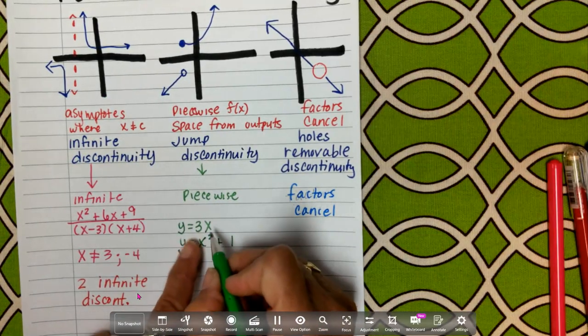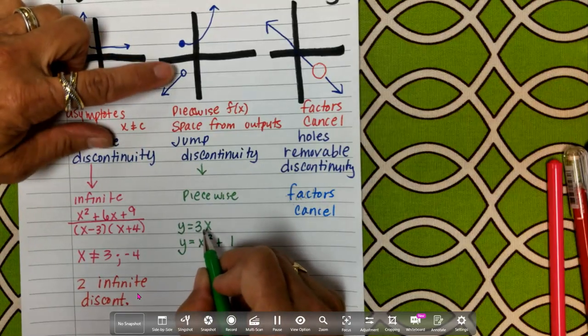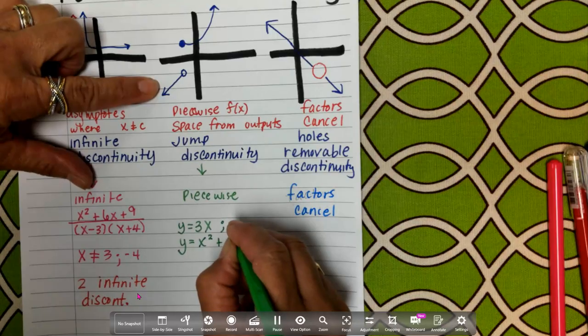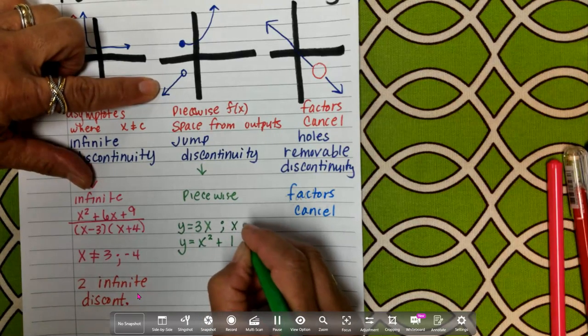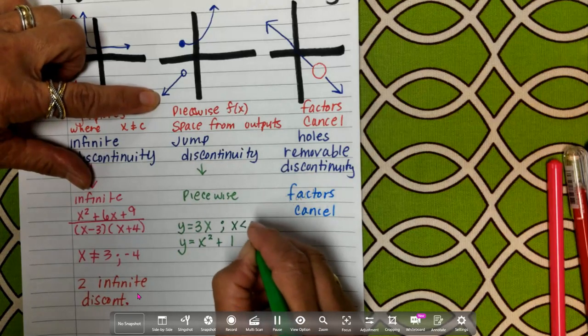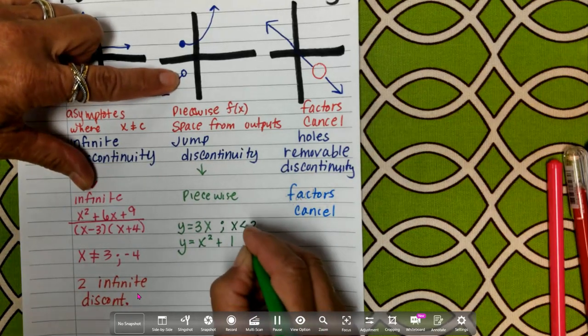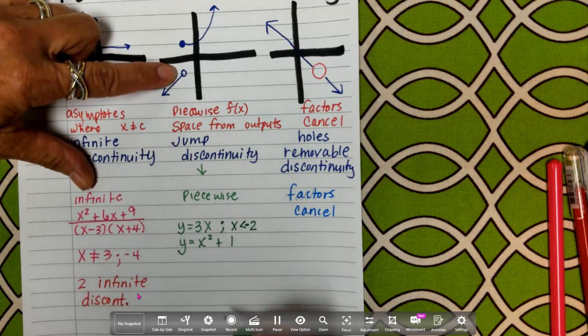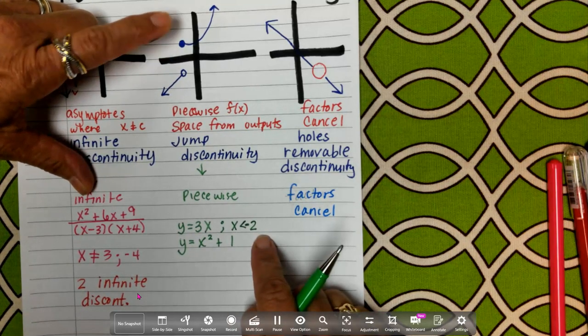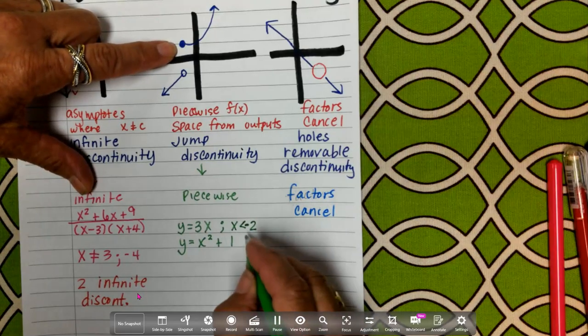So let's say I want this line right here, y equals 3x, but I only want it when my x values are less than, let's say, negative 2. So negative 2 is possibly where that gap is. But then if you notice, it picks up right here.